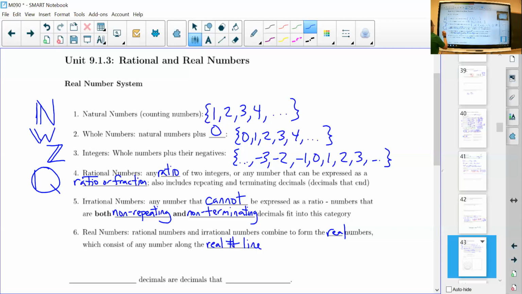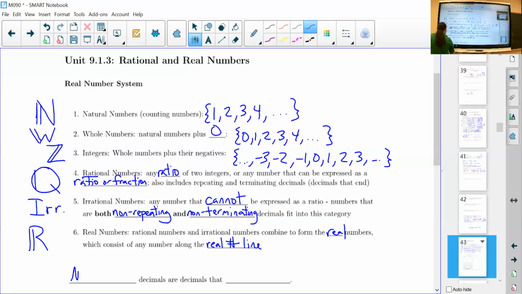Irrational numbers, you could do them a couple ways. I usually do IRR, just to be super clear. Probably the simplest. And then the real numbers are for real. So R is not rational, R is for real. So we have some quick ways of writing things. Let's also define, I've talked about non-terminating and non-repeating.